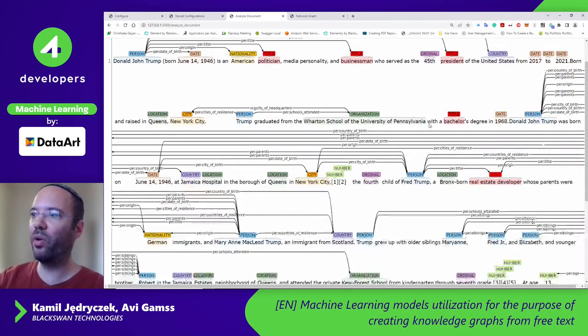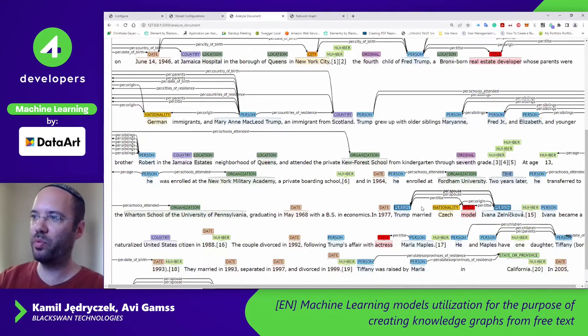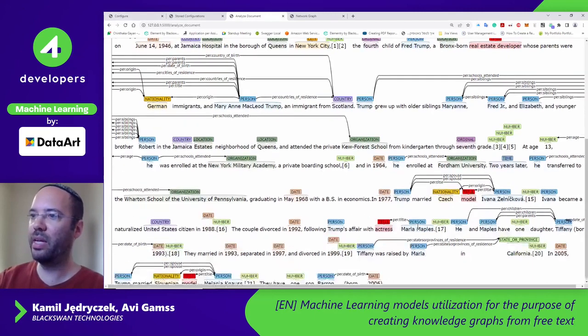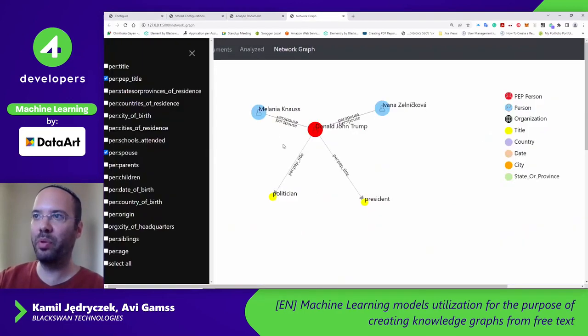We can also see the person-spouse relationship, Trump married Czech model Ivana, and further down, Trump married Slovenian model Melania, which has been brought out and shown here on our graph.